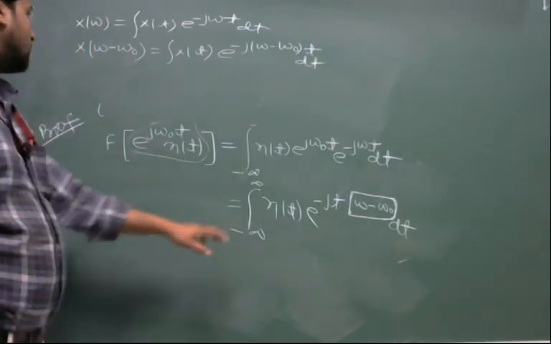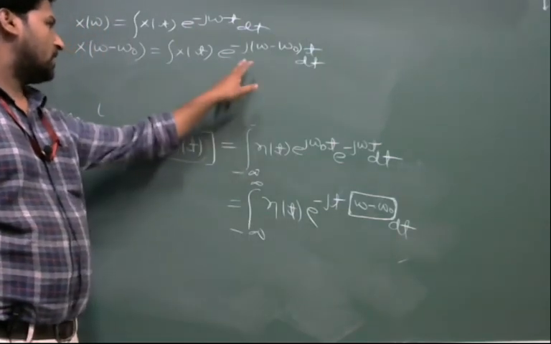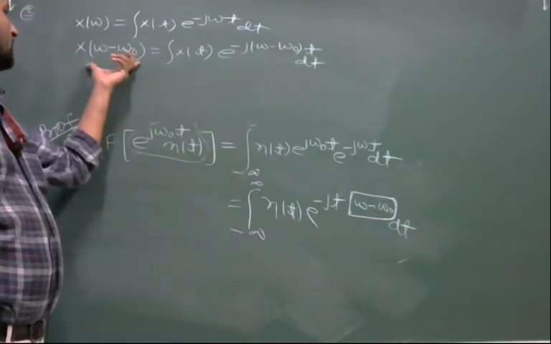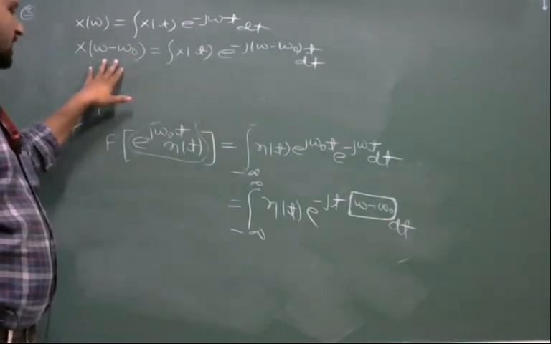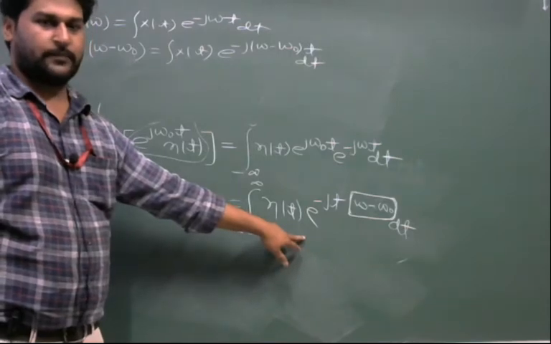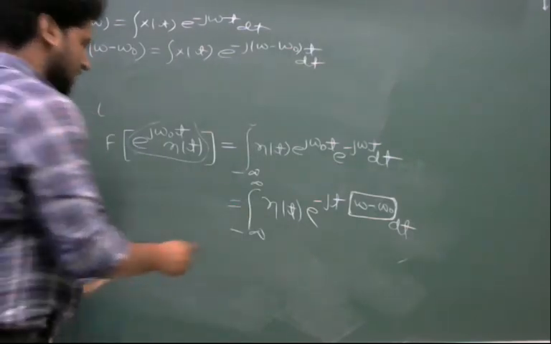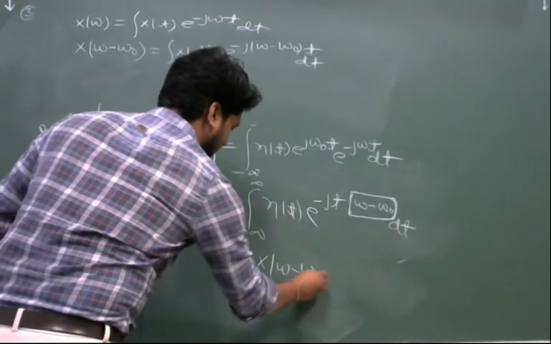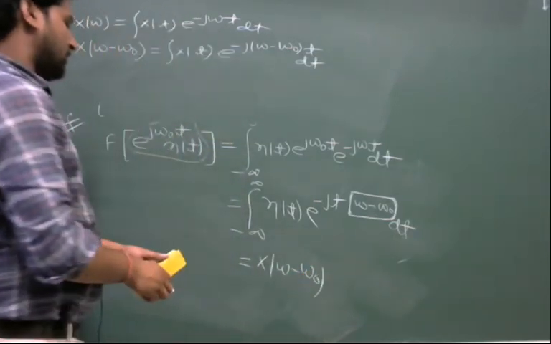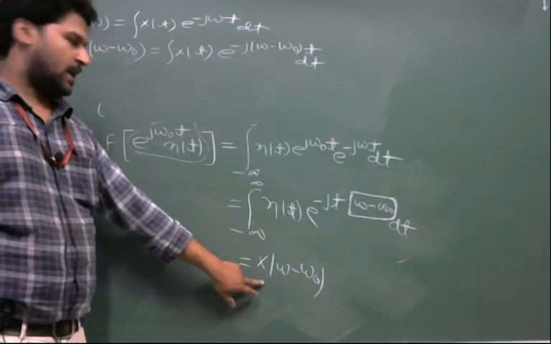This is what we will get from here. This is the Fourier transformed signal. It is x of omega minus omega naught. So I will write it as x of omega minus omega naught, where x of omega is the Fourier transform of xt.